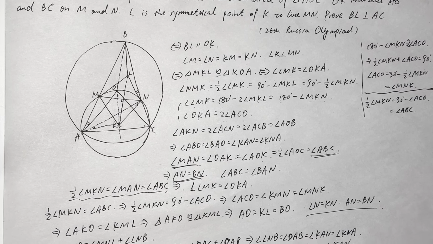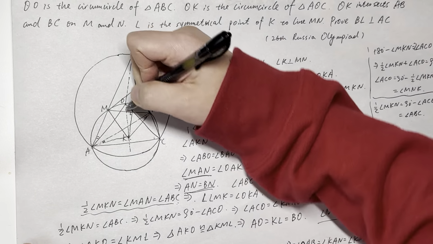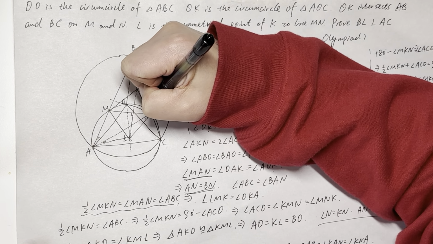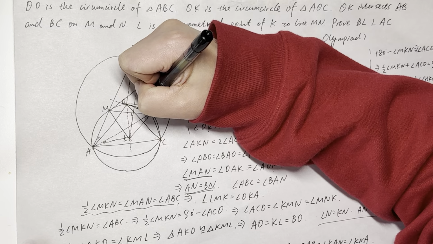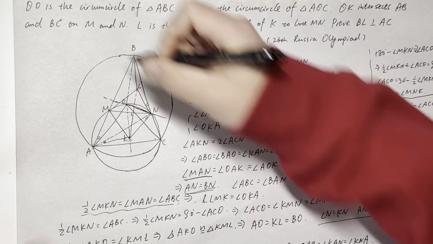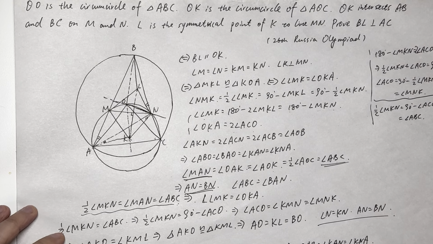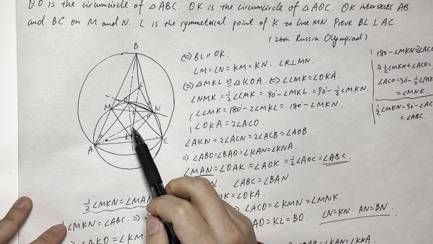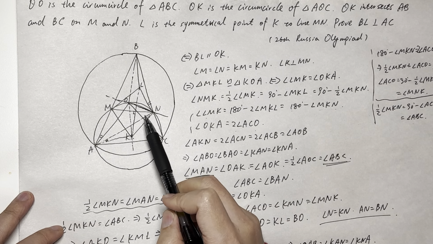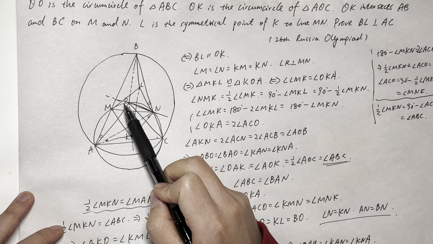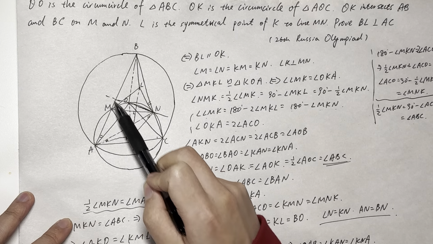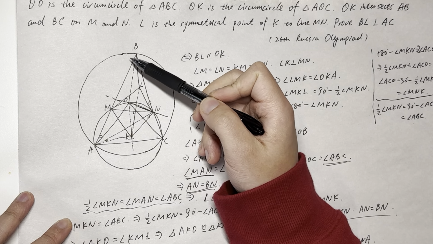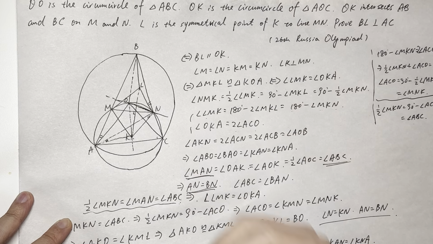So let me just draw it here. We just found another way to find the perpendicular bisector of segment AB, right?